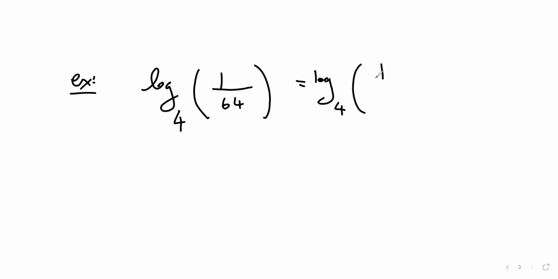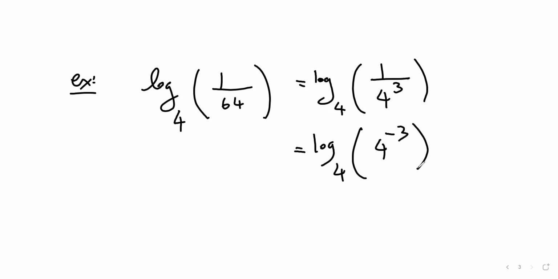I'm going to write 64 as 4 to a power. 64 is 4 to the 3, and 1/64 would be 4 to the negative 3, because you can just do the reciprocal to move it to the top. So based on property 3, we'll just have negative 3 as an answer. Okay, so that's that.